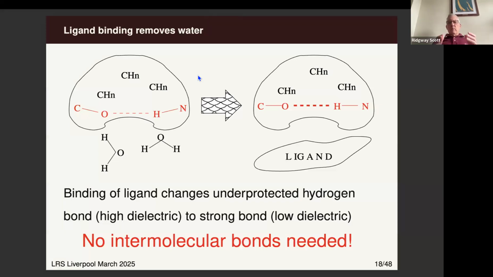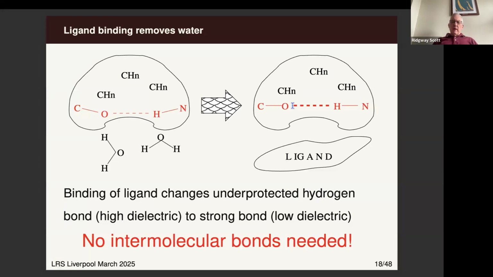Okay, so then how do we apply that kind of thinking to protein-protein interactions, or protein-ligand interactions more generally? So here is, let's say, an underwrapped hydrogen bond, as we've shown before, and then we bring in a ligand, somehow, magically, removing the water, and all of a sudden that hydrogen bond strengthens.